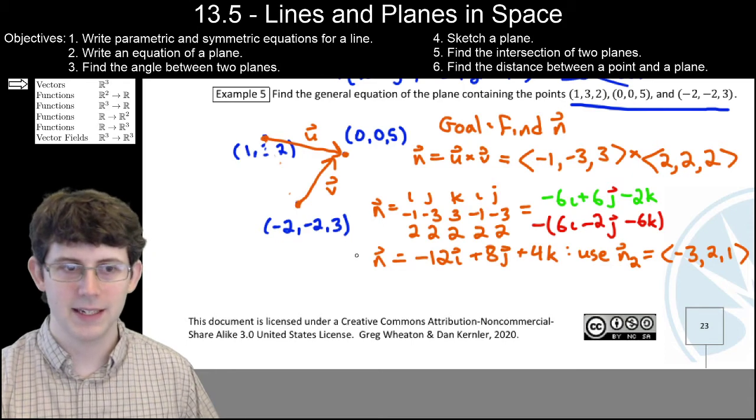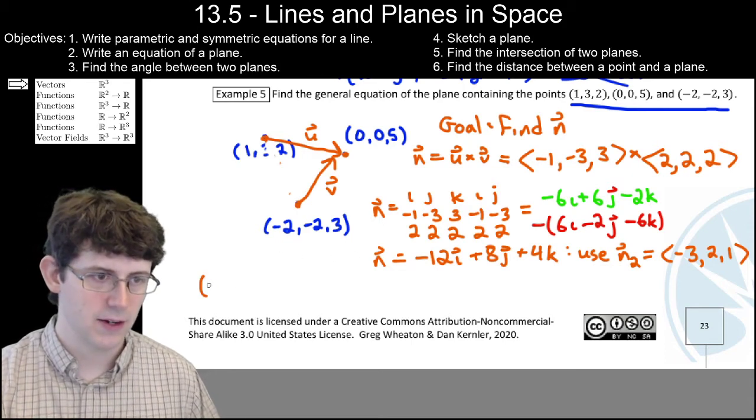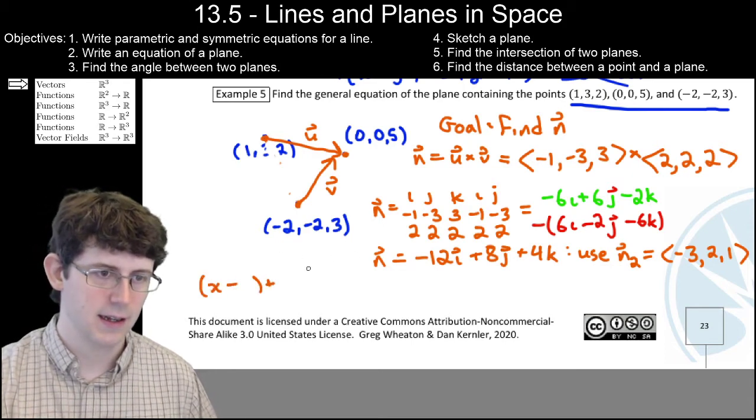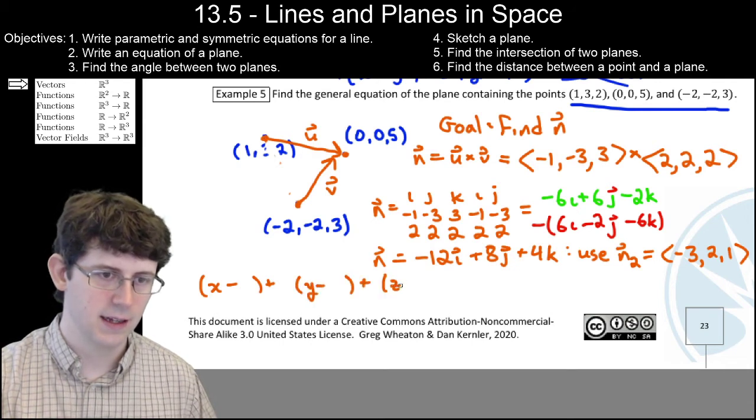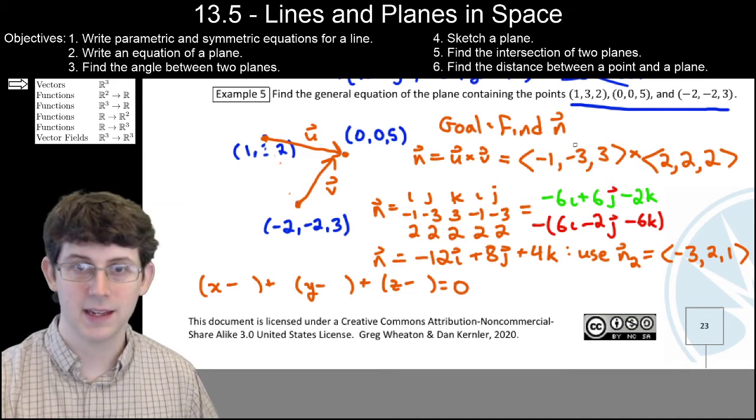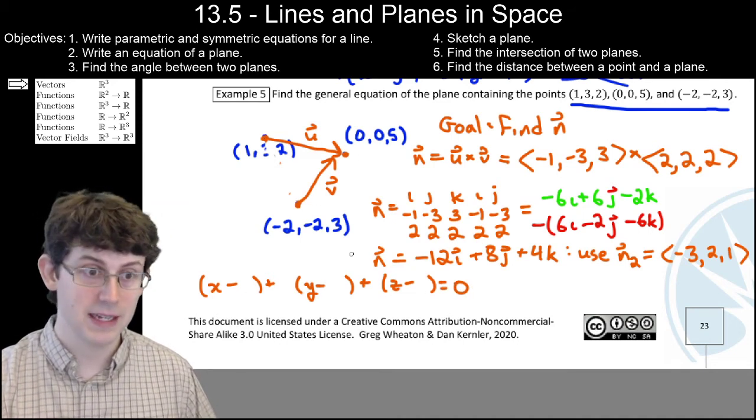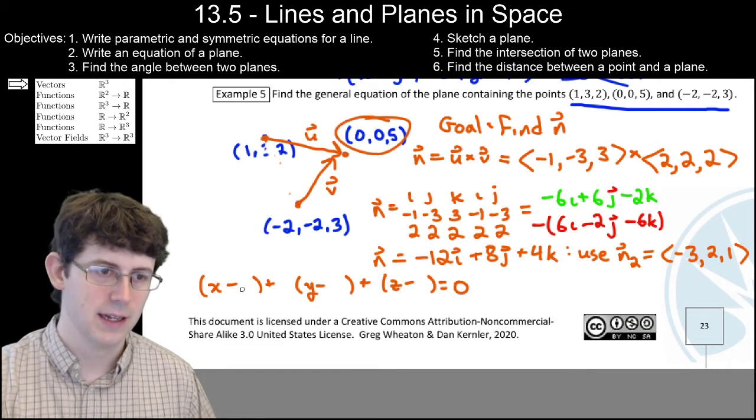So I took my original normal vector and I scaled it so that my final answer would be simpler. Then I can put it all together into an equation. So I'm going to have the x's, the y's, and the z's all add up to 0. The base point goes in with x, y, z. I can pick anything to be the base point, so I'll pick the easiest one, 0, 0, 5.